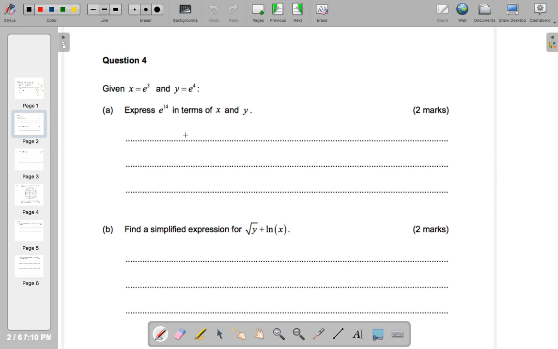We'll have a look at this question next. Express e to the power of 14 in terms of x and y. Now we've got e cubed and we've got e to the power of 4, and somehow out of that we've got to get e to the power of 14.